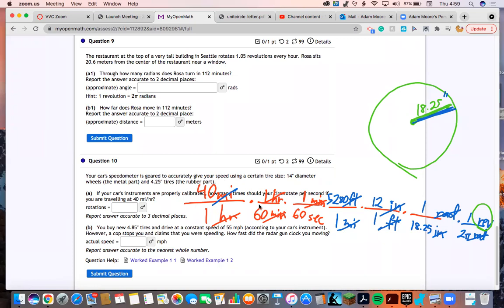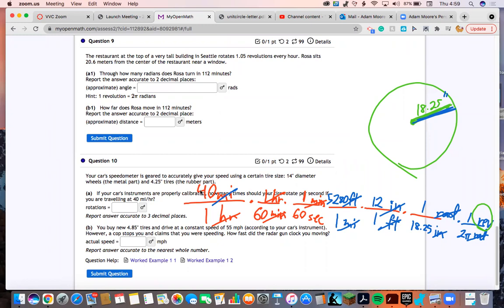In this context, it might be better to call it a rotation, because it's the tire itself we're talking about, not like gum on the tire. That would be revolving around it. So pretend I put ROT for rotations there, or just stick with revolutions.